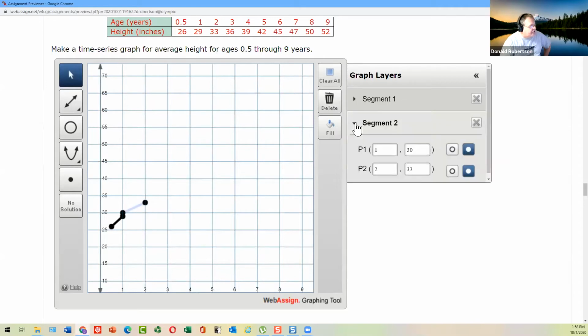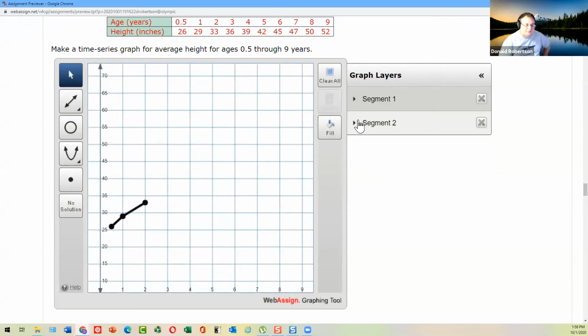Now, if I click on segment 2, that should have been 1, 29, so I'm now fixing it. And, oh, I got lucky on the second one. Done. Are we getting a feel for how you create this? It's a kind of slow process because I keep having to tweak it. I might get better on the next one.